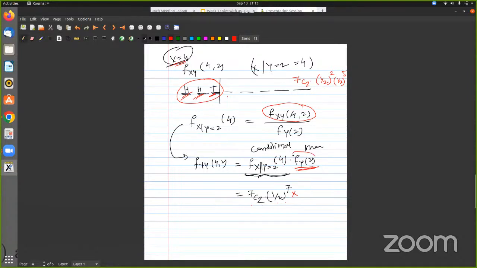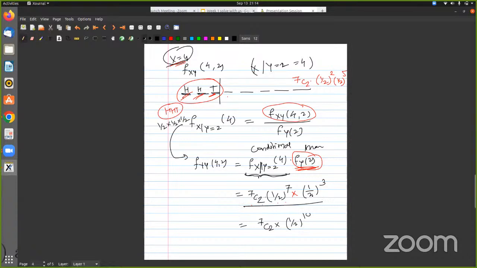Now Fy of 2 is what? That means the first tail will occur after two heads. So that means this condition HHT. For HHT, what is the probability? Half into half into half, which is nothing but 1 by 2 to the power 3. So in total it is 7C2 into 1 by 2 to the power 10, right?